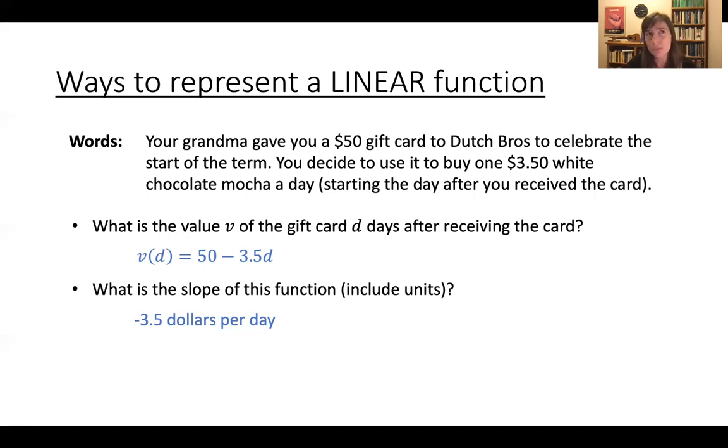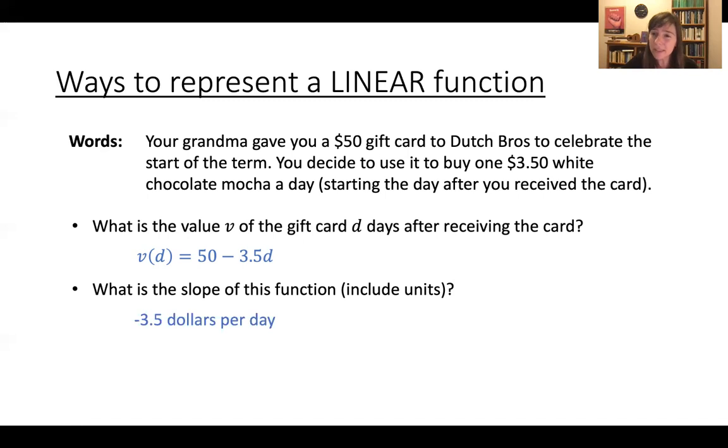But remember, the slope is a constant rate. And so it's a rate, so it's something per something. So the units are going to be something per something. And here, your function is decreasing by $3.50 per day.